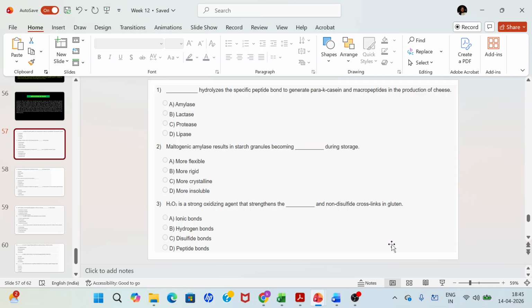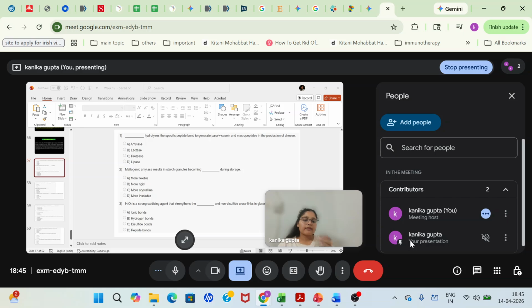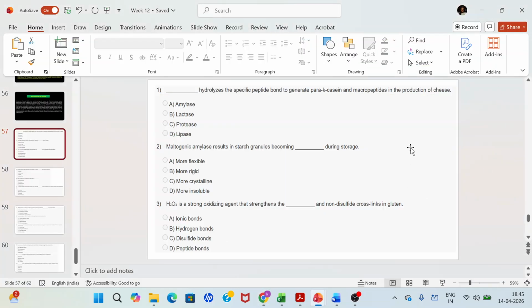Next, the maltogenic amylase results in starch granules becoming dash during storage. More flexible. So the answer to question number 2 is more flexible. Next, H2O2 is a strong oxidizing agent that strengthens the dash and non-disulfide crosslinks in gluten.